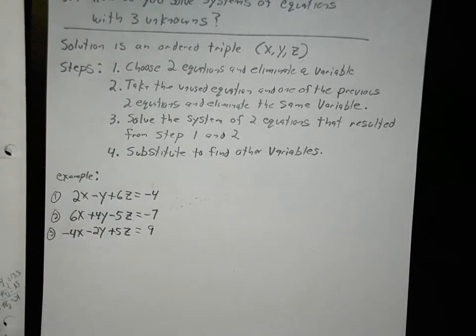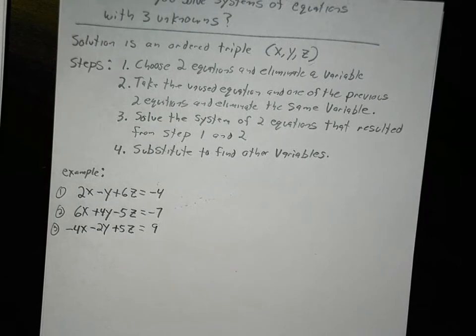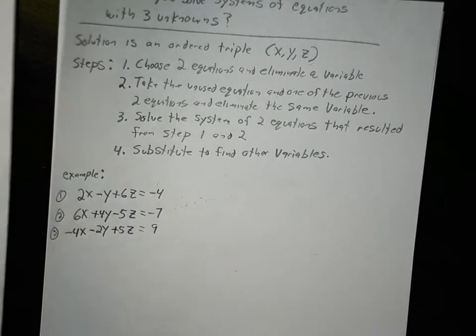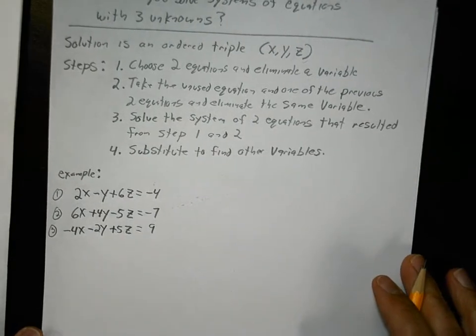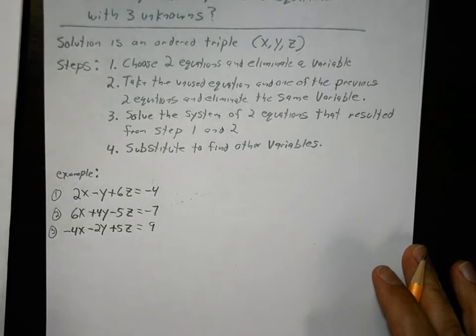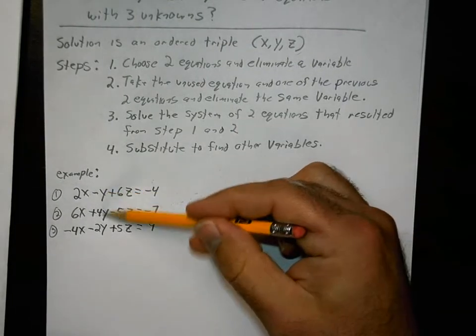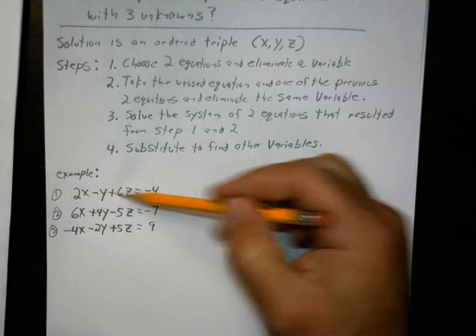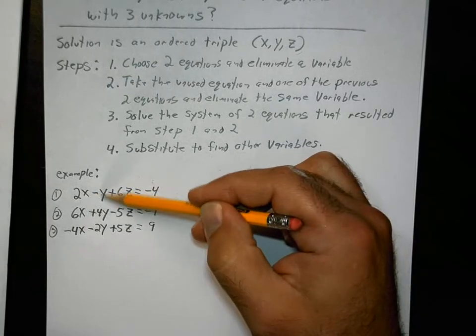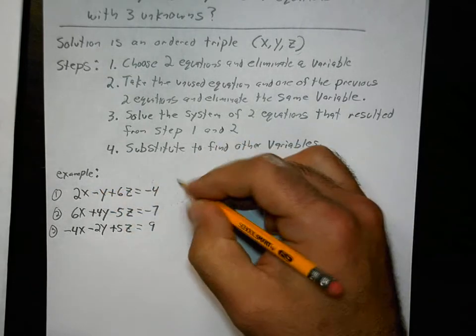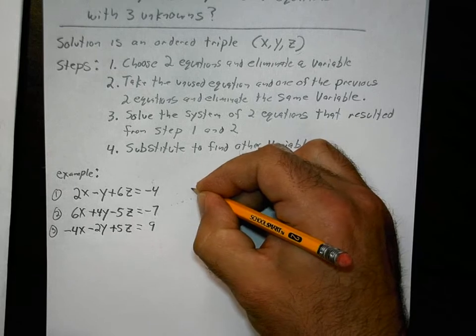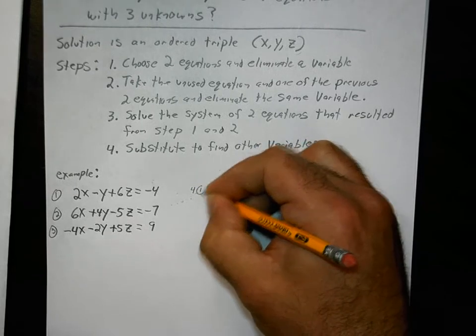Okay, so I'm going to take the first two equations and try to eliminate y. If I'm going to eliminate y here, I'm going to have to multiply this first equation by 4 so I have an opposite. So I'm going to multiply 4 times equation 1.